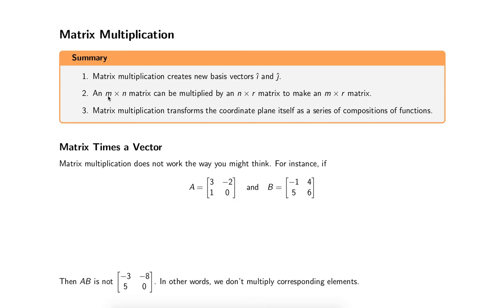Remember, the first value represents the number of rows. This might be like a 2 by 3. And then the second number represents the number of columns. So if this is 3 columns, this next matrix would have to have 3 rows. And our result is going to be a matrix that has this number of rows and this number of columns, or an m by r matrix.